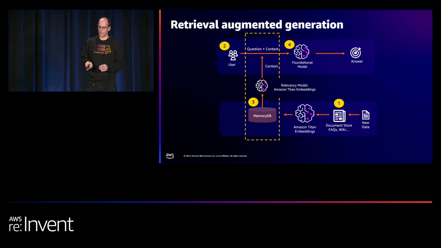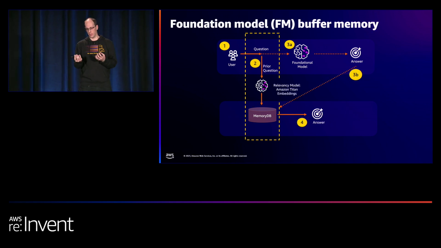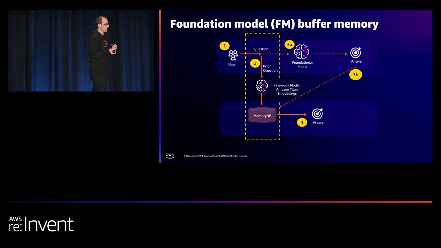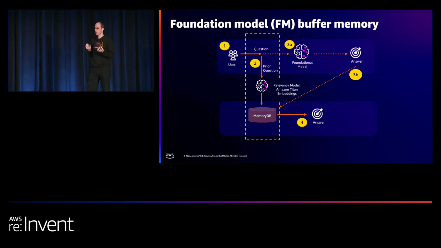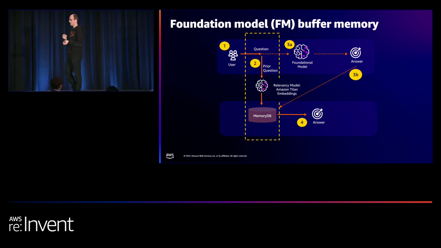The second use case we wanted to cover in this presentation is foundational model buffer memory. Foundational models are great at providing answers, but they don't really have any memory. So if you want to create a chatbot-like application that goes back and forth with different questions and answers, you won't be able to have context between those questions and answers.